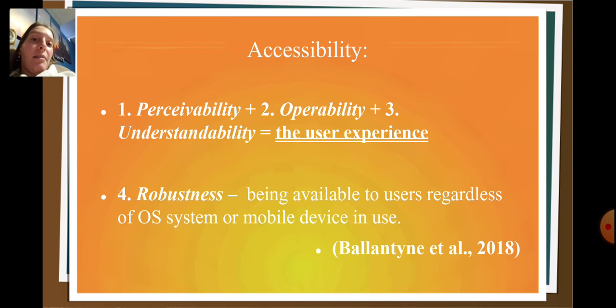Looking at these a bit further, perceivability, operability, and understandability all relate to the user experience, whereas robustness looks more at the hardware and how the software responds and its ecosystem.